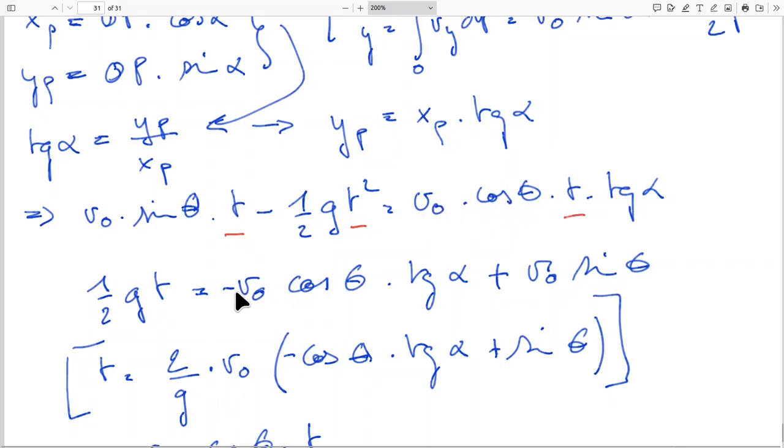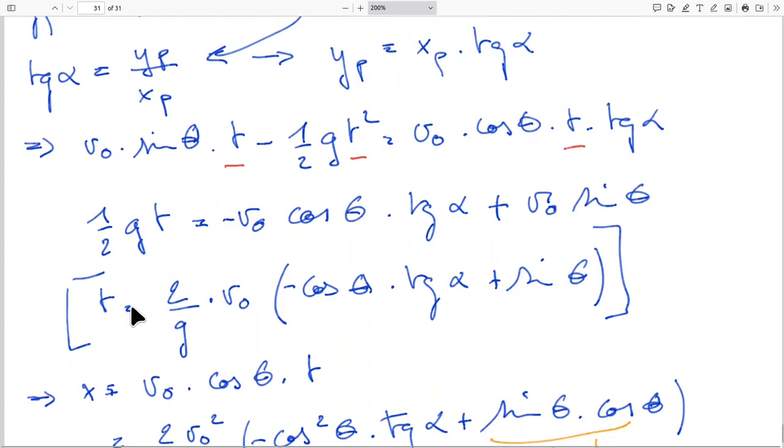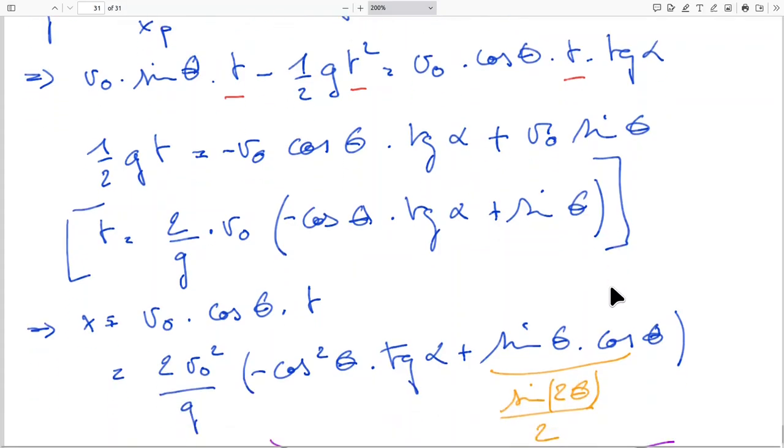So we're left with 1/2 of g t is minus v0 cosine theta tangent alpha plus what's left here, v0 sine theta, or t is 2 over g times v0 times minus cosine theta times tangent alpha plus sine theta. So that's t.